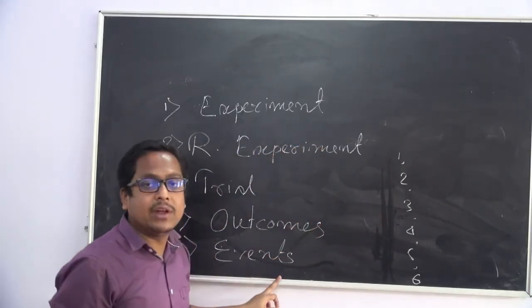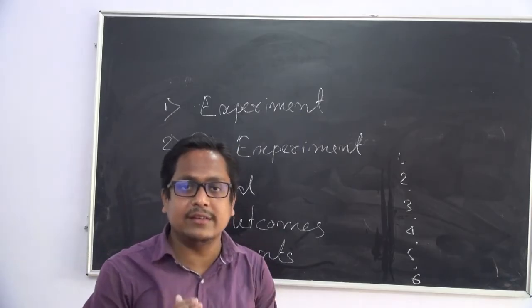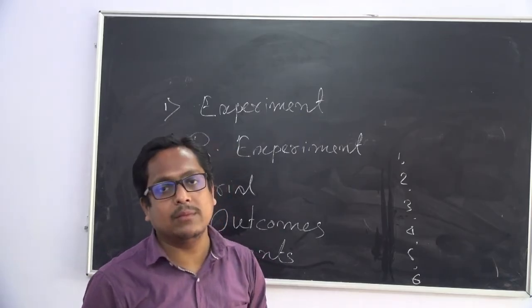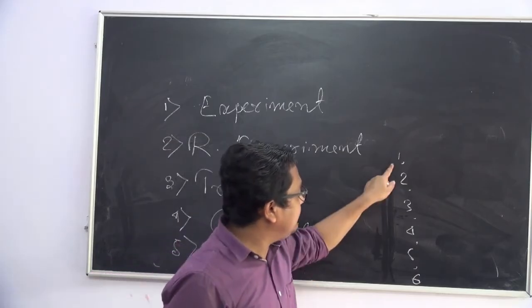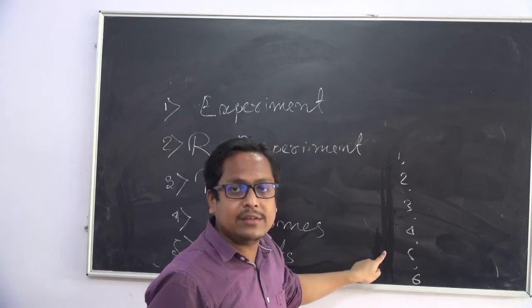Next is event. Events are certain specified sets of outcomes. That means this is also an outcome of conducting an experiment, throwing a dice.